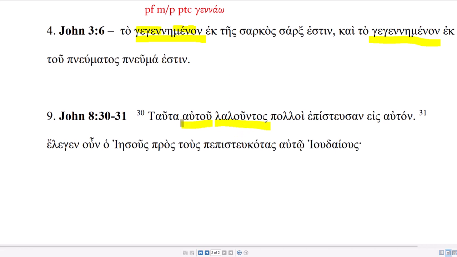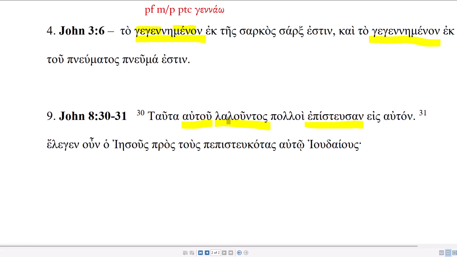Well, these things, his speaking, or he was speaking these things, and then we have polloi episteusan. So many, and then we have an aorist verb here, active indicative, third plural.